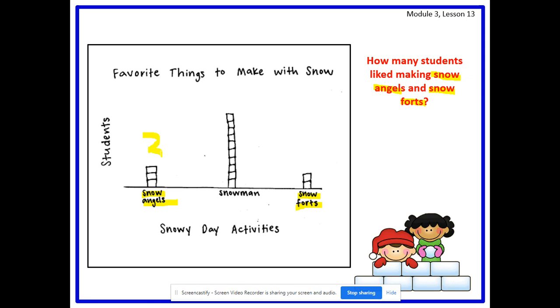Well, here we have 3 and here we have 2. So this time it's going to be 3 plus 2. What's 3 plus 2? Yes, 5. So 5 students enjoy these 2 activities.